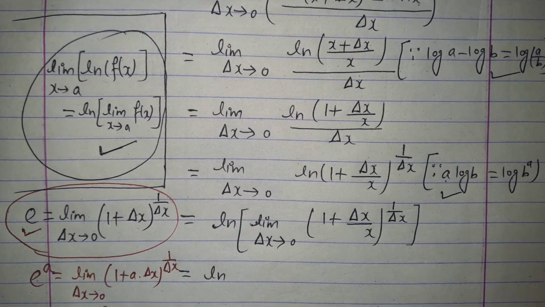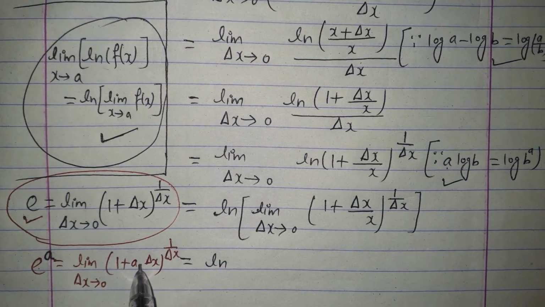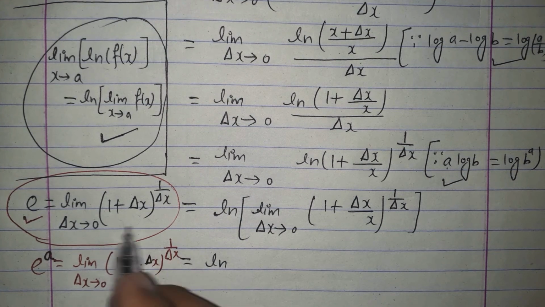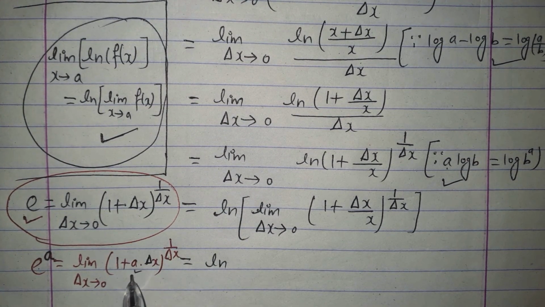Here a is the coefficient of delta x, all the same, only changing the coefficient. Here the coefficient was 1, here we make the coefficient a, so we have to give the power a.